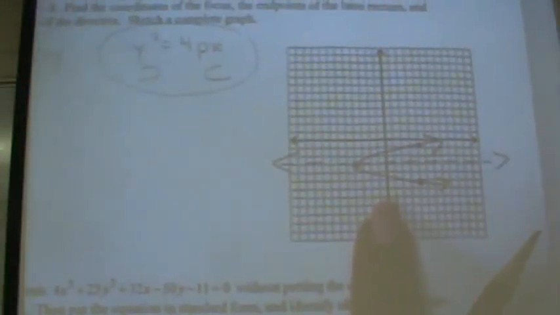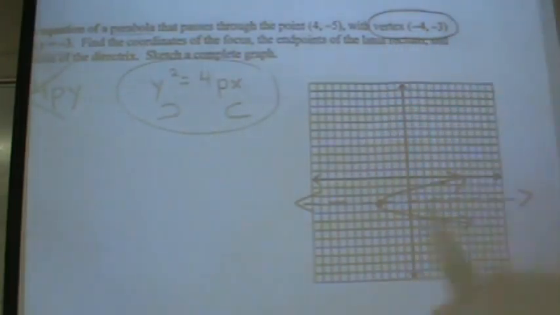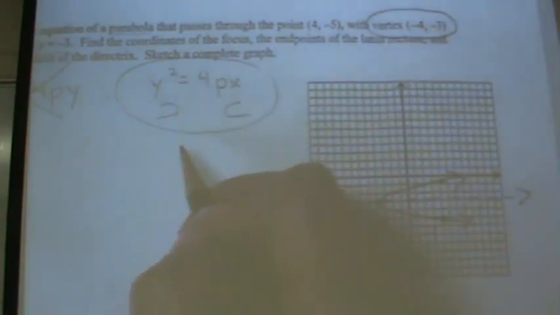I want that. Now the first thing you're going to want to put in is the vertex. How do you insert this vertex into this equation? What goes where? We have a negative 4 and we have a negative 3. Go ahead, Chris, what did you say? X gets the negative 4.